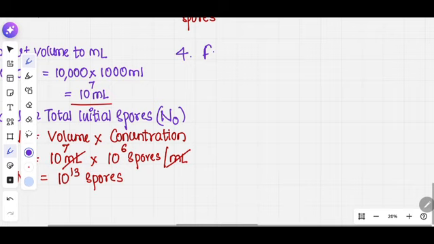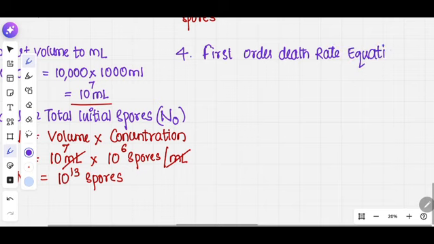So we all remember, it is ln of N naught divided by N t is equal to k into t. I think we know most of the values here.